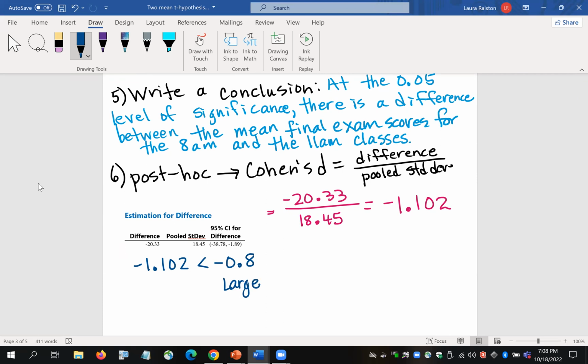Okay, so because it is less than, it's less than because it's negative, we would conclude there is a large effect, meaning there's something really weird going on because there is a significant large difference between the mean for the 8 a.m. class and the mean for the 11 o'clock class.